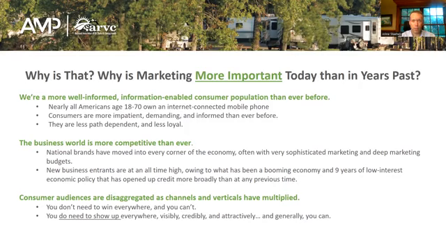And I think everybody would acknowledge too, the business world is more competitive than it's ever been before. That's true too in the camping ecosystem. National brands have moved into every corner of the economy and every part of the country. Those national brands have sophisticated marketing departments, devoted marketing personnel, and deep marketing budgets.